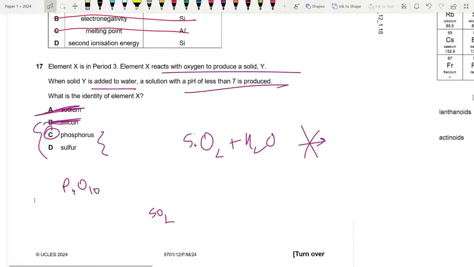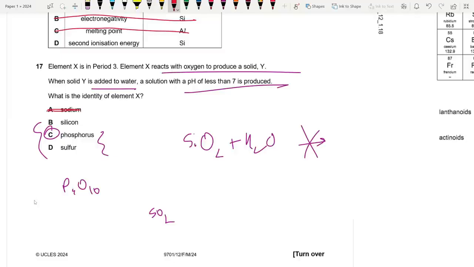17. Element X is in period 3. It reacts with oxygen to produce a solid Y. Okay. When solid Y is added to water, a solution with a pH of less than 7 is produced. What is the identity of element X? Okay. So it can't be sodium, because sodium oxide, when it dissolves in water, forms an alkaline solution, not acidic.